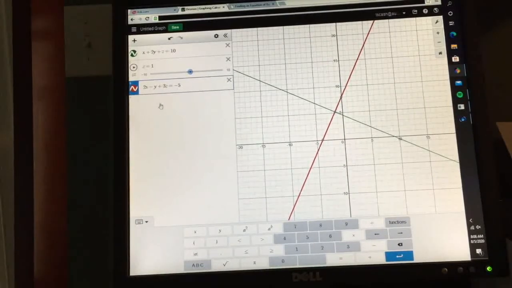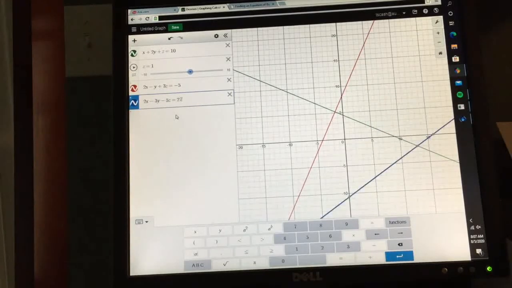That's because you only need one slider. Okay, we'll deal with that later. So that's the only one you're going to need. I'm going to hit enter so that I can enter the third equation. The third equation is 2x minus 3y minus 5z equals 27. So there's my third equation.